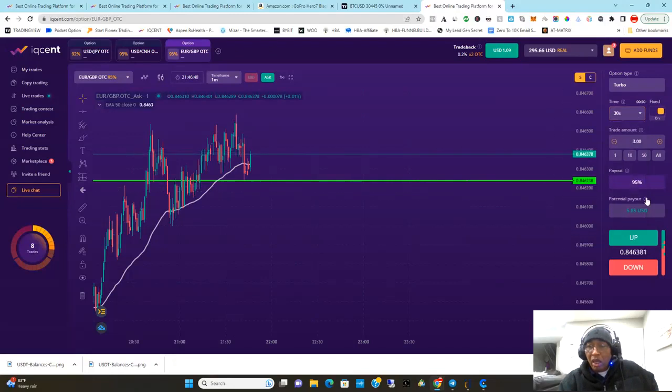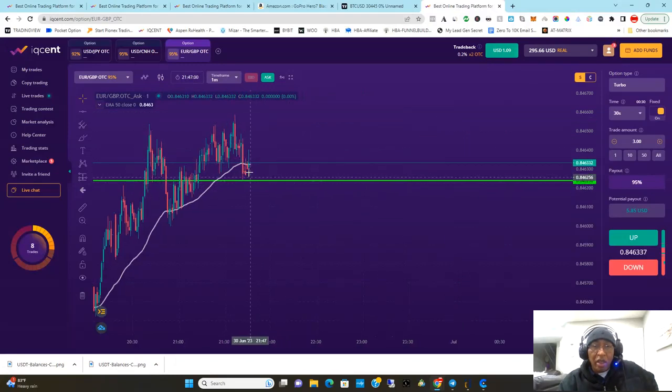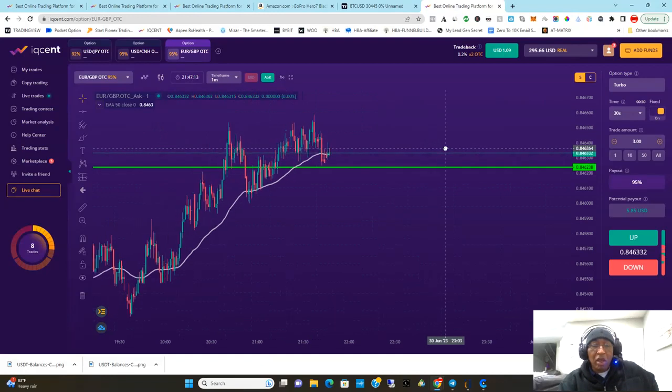Okay, and you only use 1% of your account total. Okay, so we wait and see if this comes down here and touch this line. As soon as they touch this line, you're going to push up. Okay, now if it breaches the line, then this line is not a good point for us to take the trades. Okay, so we're going to look for another pair.